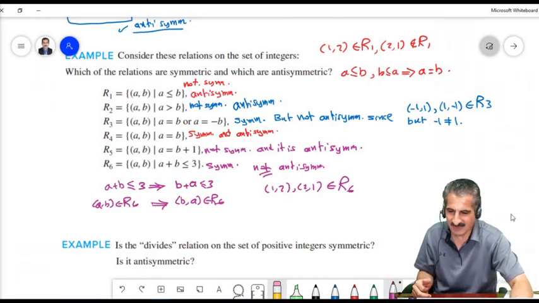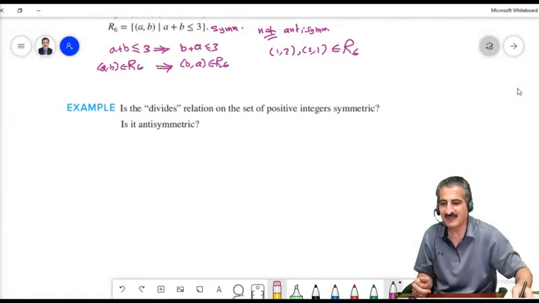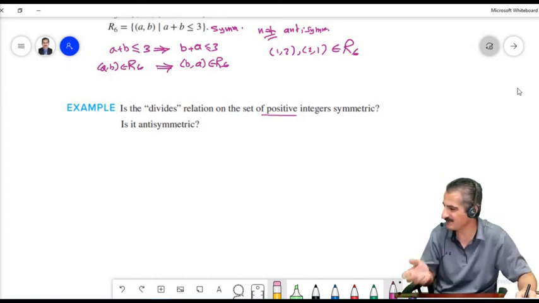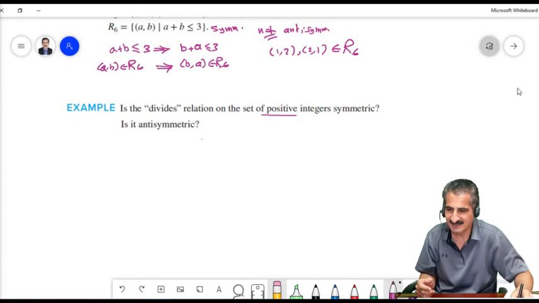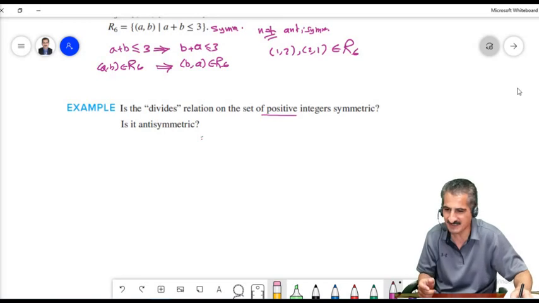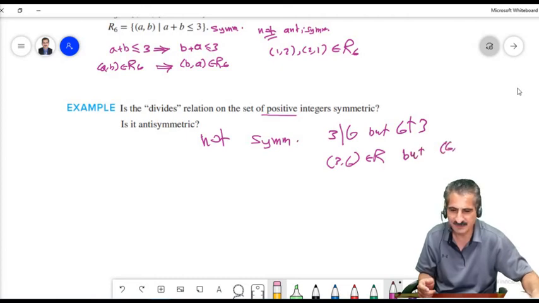Good. What about the divides relation on the positive integers? Is it symmetric or antisymmetric? On the positive integers, again, we have no 0 here. If A divides B, then B divides A? So you are saying this is not symmetric. Give me an example: 3 divides 6, but 6 does not divide 3. That means 3, 6 belongs to R, but 6, 3 does not belong to R. Is it antisymmetric?